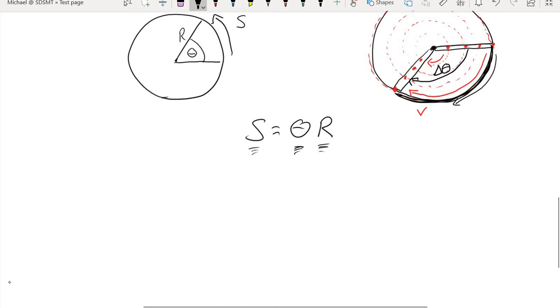But all of the points have to travel the same angular displacement in the same amount of time. So the only way that all 4 of those points can remain on the meter stick is if the points further out are traveling at a faster physical velocity.